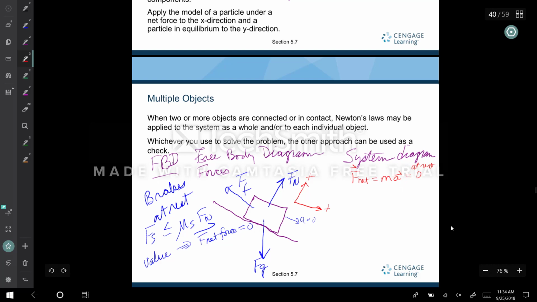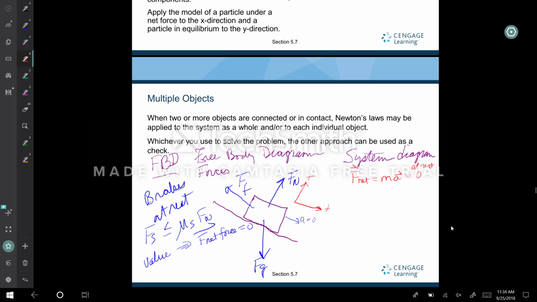Now, do I have to find components of the normal force? Why not? It's directed along the positive y-axis. Do I have to find components for the frictional force? Nope.